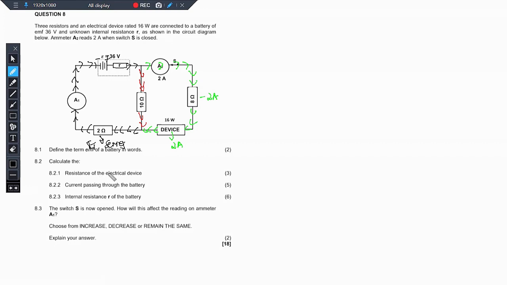Now, to calculate the resistance of the electrical device, we are only looking at the electrical device, so 16 watts, right? So we are given the power. It should be simple to just say power is equal to the current squared multiplied by R. This is a formula from the back of your formula sheet. We are using this formula particularly because we are given the current, we know the power, and we are looking for the resistance.